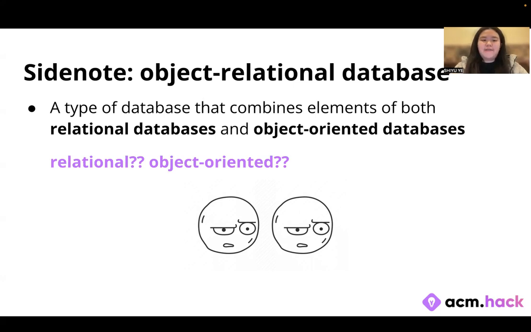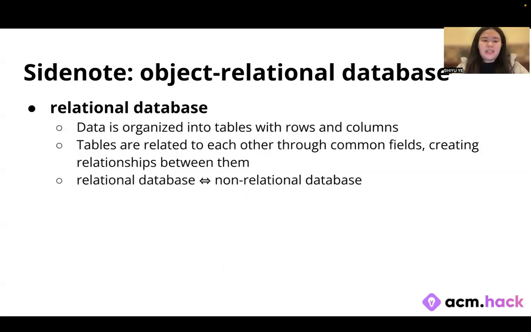But here I'm just going to give a very quick, high-level overview of what these databases are. So first, for relational databases, data is organized into tables with rows and columns, and tables are related to each other through common fields, and that's how the relationships are created between them.